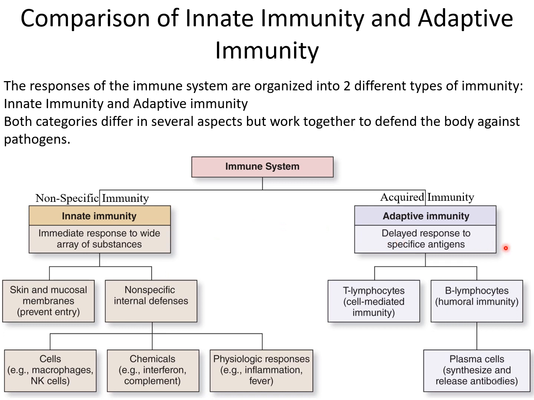Moving over to adaptive immunity, we've got delayed response because we're building specific defenses against a particular pathogen. So when you think of adaptive immunity, think of your lymphocytes. We've got T lymphocytes, which is otherwise known as cell-mediated immunity, and B lymphocytes, which is otherwise known as humoral immunity. The B lymphocytes will go on to make plasma cells, which are important because they make and release antibodies.